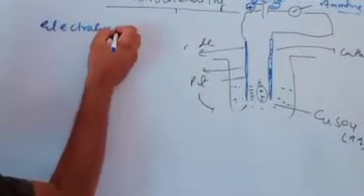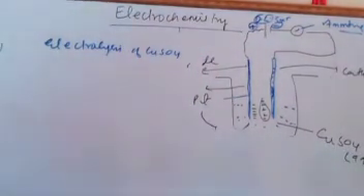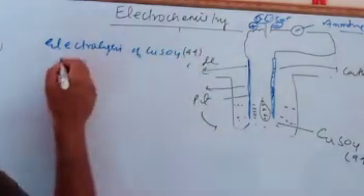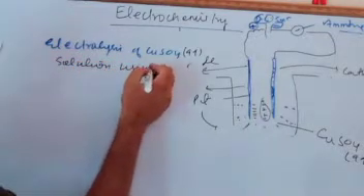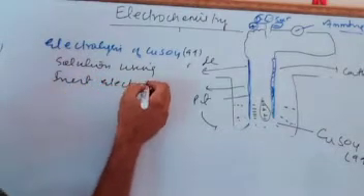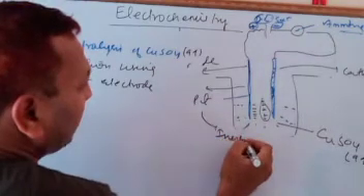So, the electrolysis of copper sulfate, an aqueous copper sulfate solution, using inert electrodes. Platinum is an inert electrode.